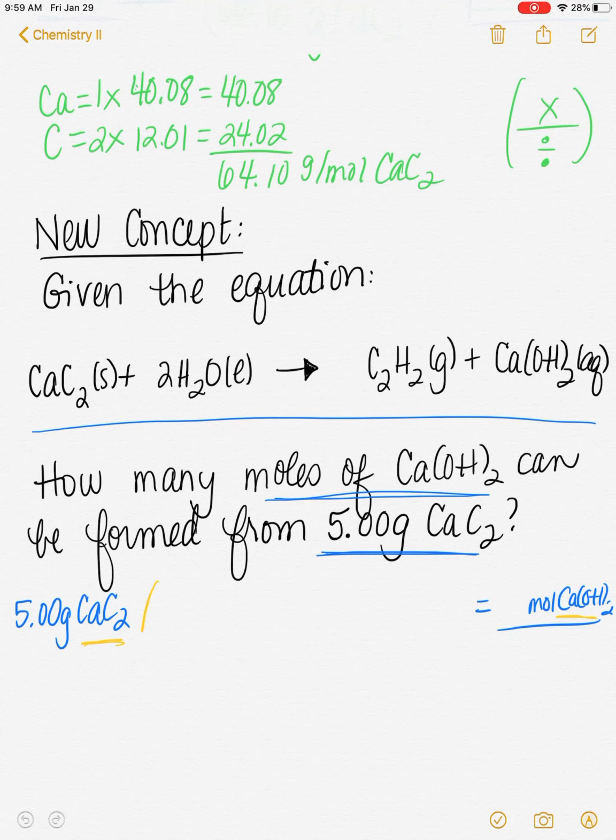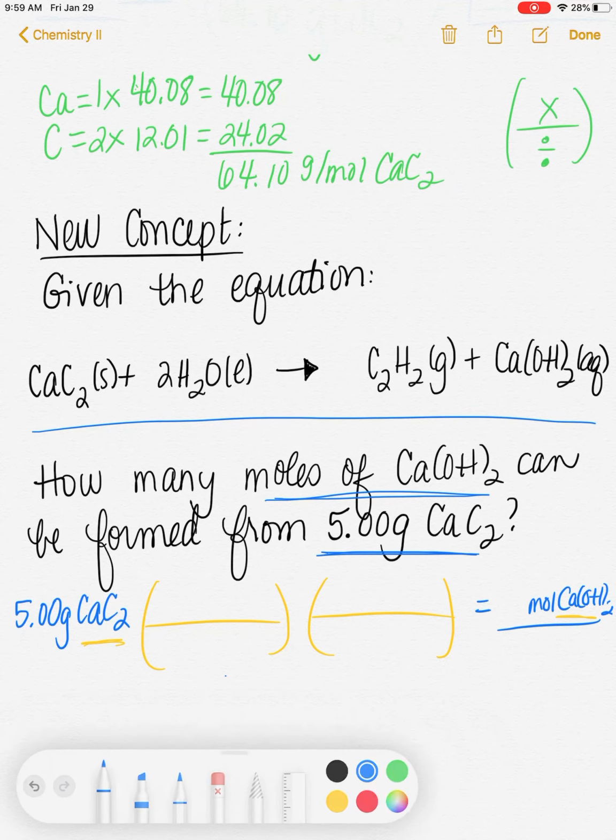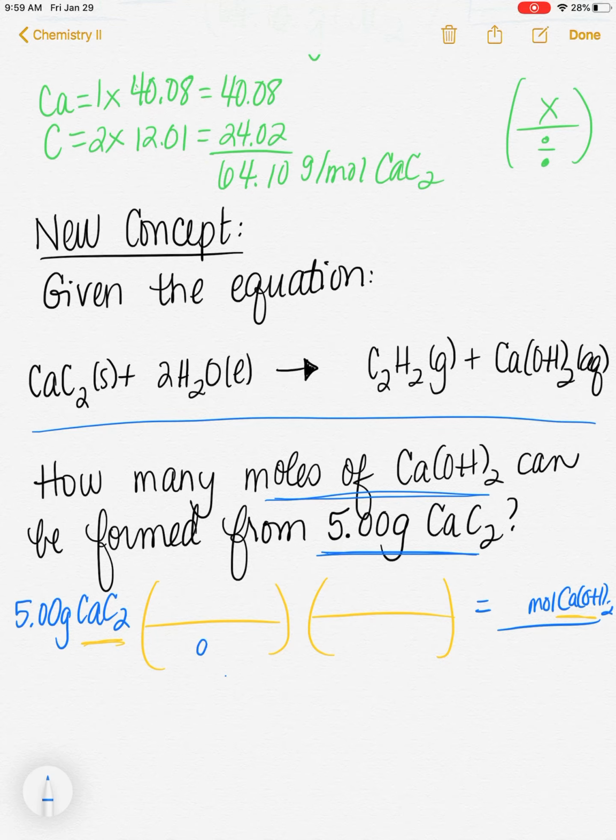So I'm gonna draw my 2 conversion factors here. Should probably change back to the blue, it's a little easier to see. In my first conversion factor, I'm going to put grams of CaC2 in the bottom because I want to get rid of that. And the mole map said I have to change that to moles of the same thing. I can't just jump to moles of something different.